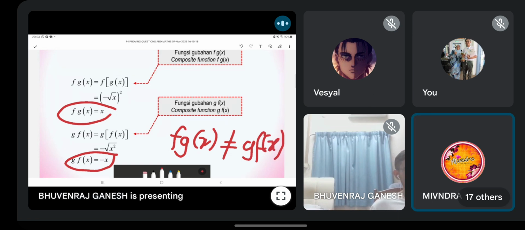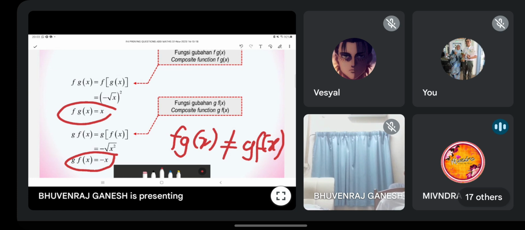Hello, saya Mivindra and I will teach you guys in Malay. Sekarang untuk soalan ni, untuk proving, soalan buktikan biasa ditanya. Untuk ni ada dua function, f(x) and g(x). Kita boleh guna fungsi gubahan untuk tentukan sama ada fungsi songsang tu betul ataupun tak.